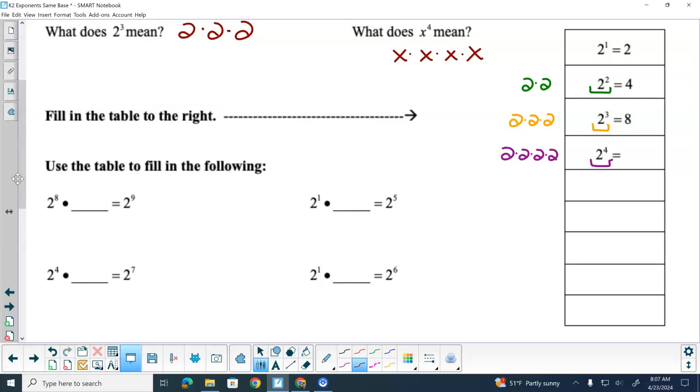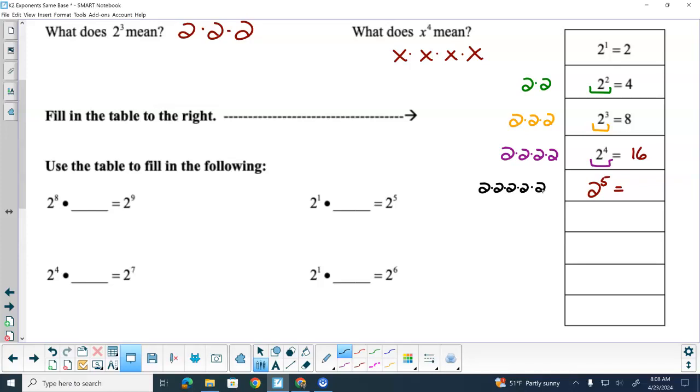I would concur that this is 16. Okay? What would 2 to the 5th power be? We can use a calculator, it's fine.